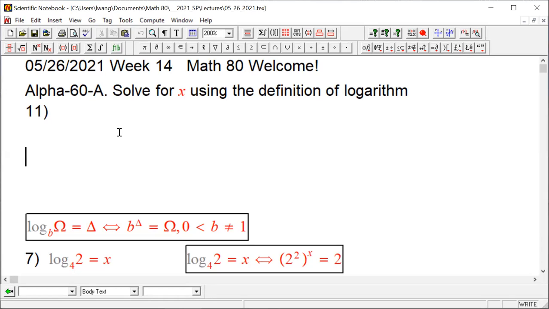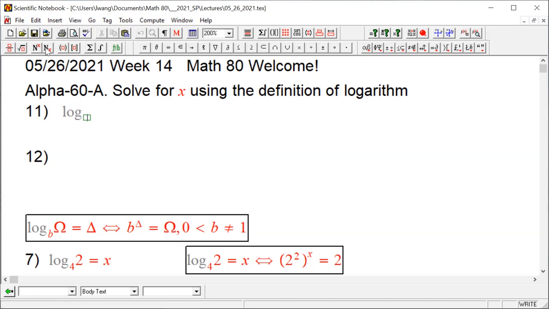Let's look at 11 and 12. In 11, the base is x. The omega place is 1000. And the triangle is 3.